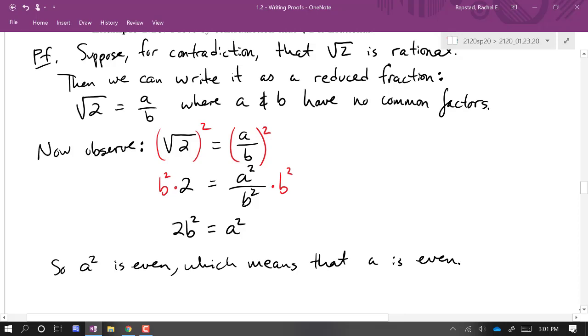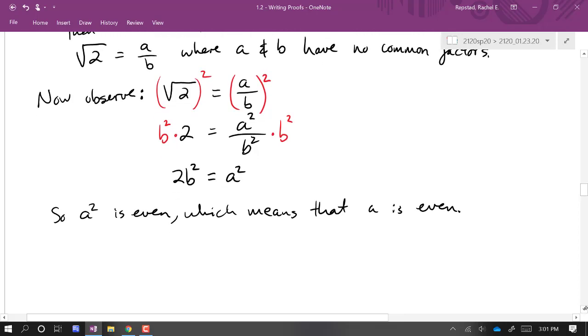If a is even, how can we write it? What does an even number look like? 2 times some integer. So a equals 2k for some integer k.